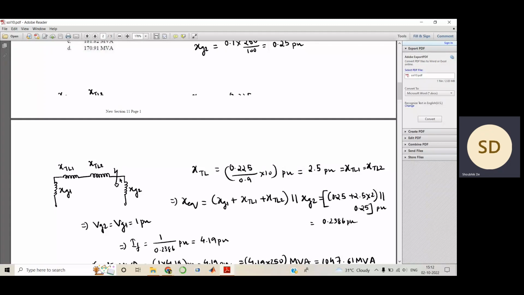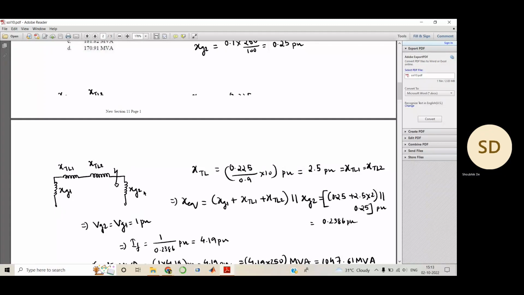So that is why you need to calculate the equivalent reactance. For this diagram, when we consider a fault here, all these three reactances are in series. The combination of these three reactances, Xg1, XTL1, XTL2, would be in parallel with Xg2. This is pretty simple, and I hope you understand.